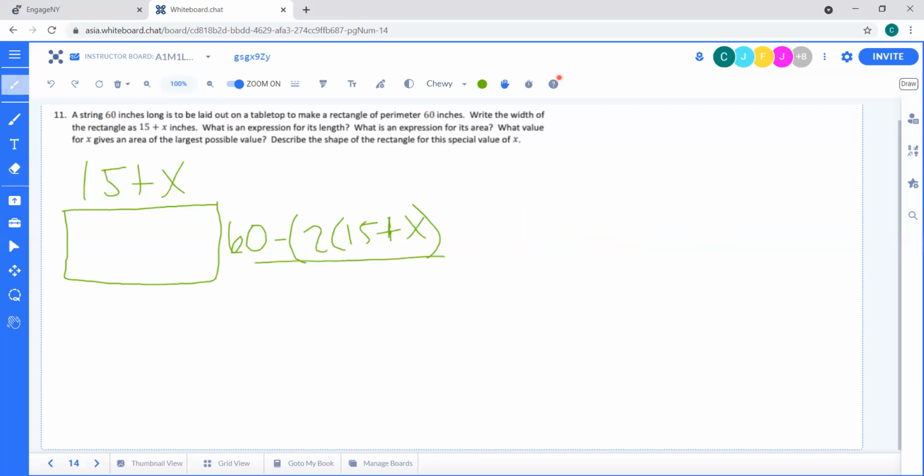And then all that would have to be divided by 2, right? Because I'm going to have 2 of them. Now, the expression for the length would be this. That's the expression for the length.